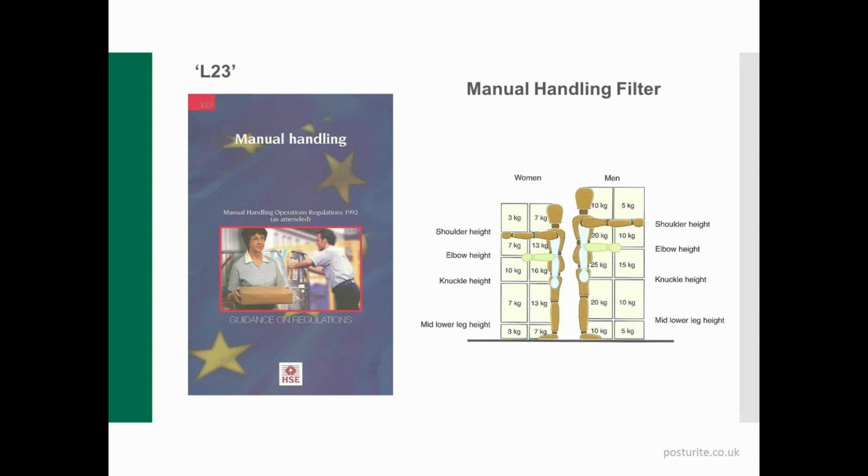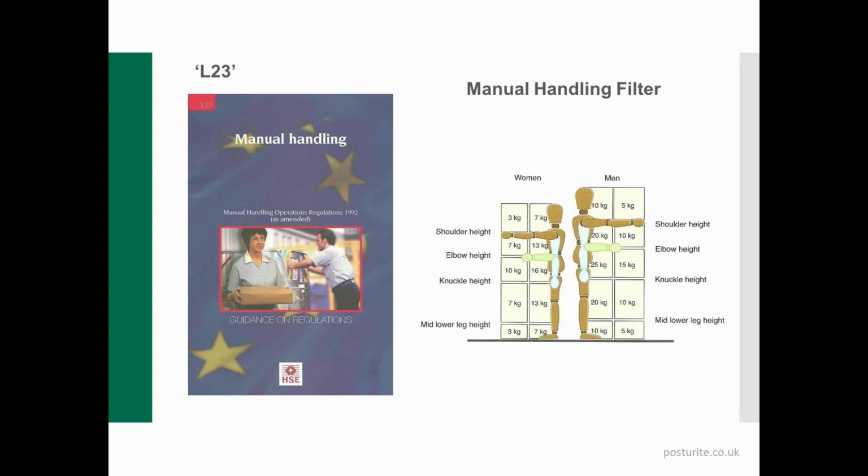I think probably most of us, certainly if you're from the UK, will be very aware of this manual handling filter. And the idea of it is that if you're handling loads in any of those boxes which are in excess of the values presented there, then you should make a detailed risk assessment of the activity to identify whether indeed a risk does exist. Just because you've exceeded those values doesn't mean that a risk does exist.